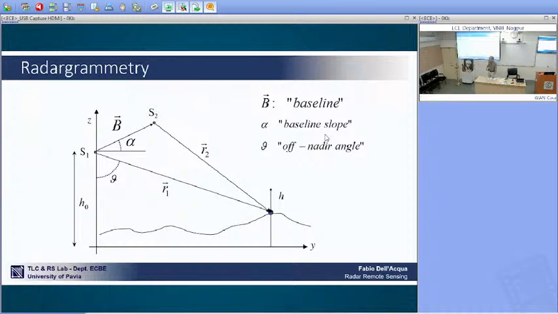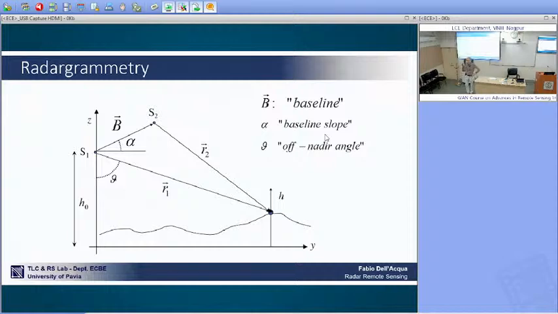But there's a big problem inherent in this approach, and it's the fact that you measure these distances with a resolution which is, well, typical of radar systems, meters or tens of meters. Tens of meters is more likely. These distances are on the order of hundreds of kilometers.